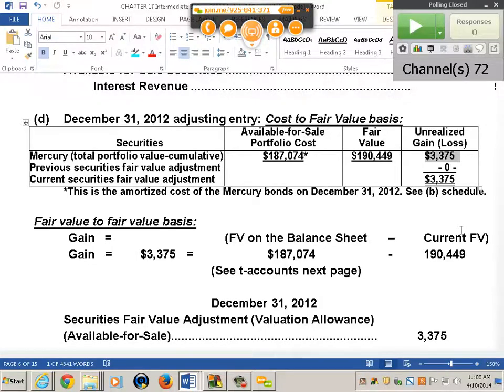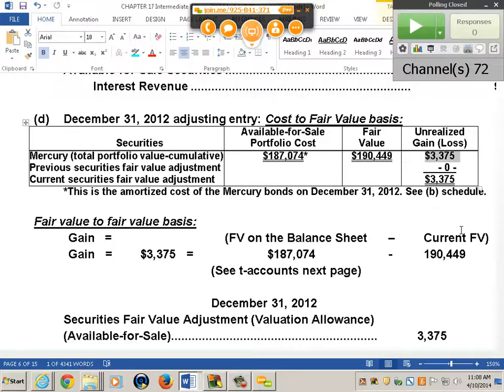Because this is available for sale, the unrealized gain and loss is going to go into stockholders' equity. This is not income.